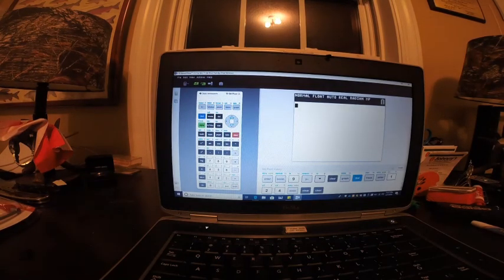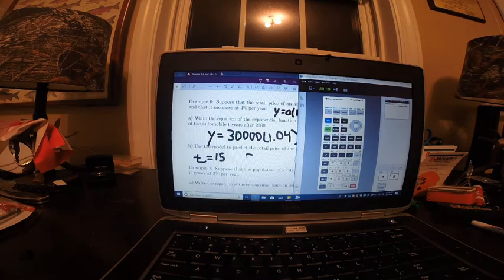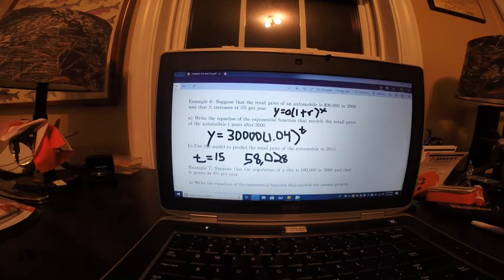Get back to your blank screen, $30,000 times 1.04 raised to the 15 should give you $54,028.31. So that's what our model predicts.